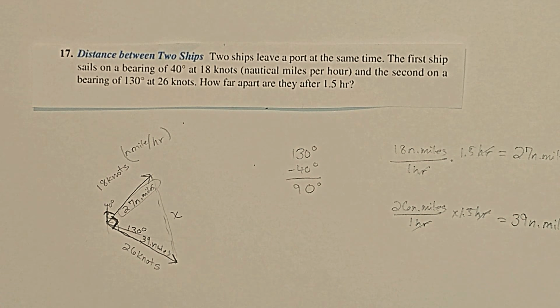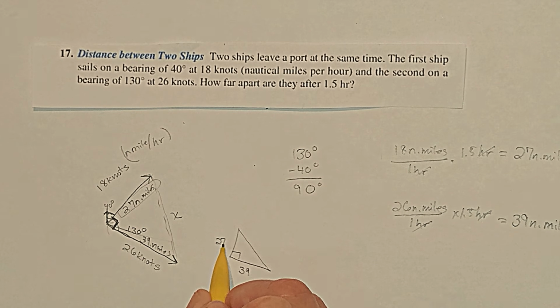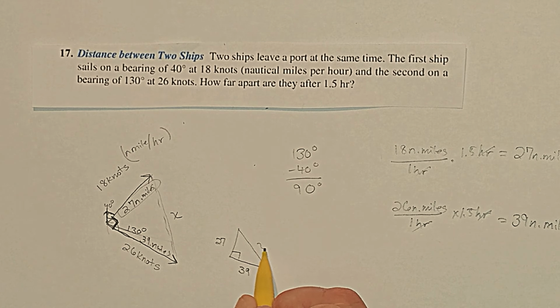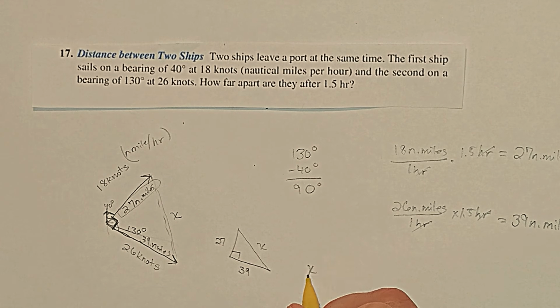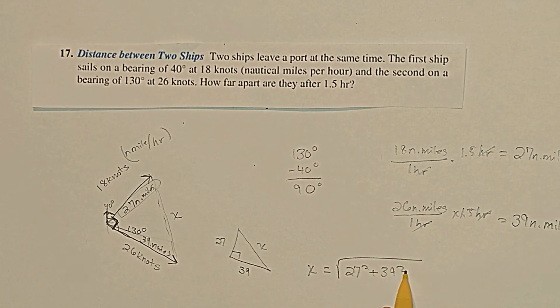Okay, so just to simplify my sketch real quick, basically we have this right triangle. This ship has gone 39 nautical miles. This ship has gone 27 nautical miles, and we need to find x, and we can simply use the Pythagorean theorem because x is in the hypotenuse position. So x squared is equal to a squared plus b squared, or x is the square root of 27 squared plus 39 squared.